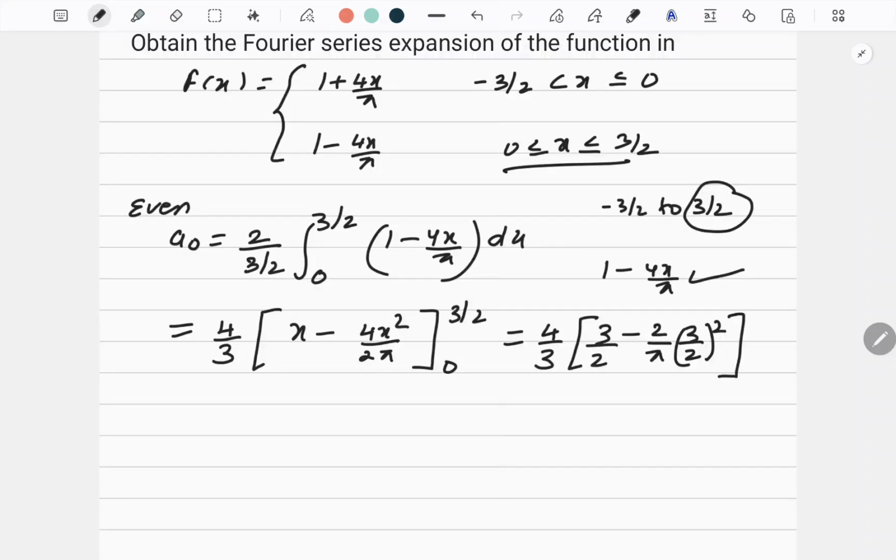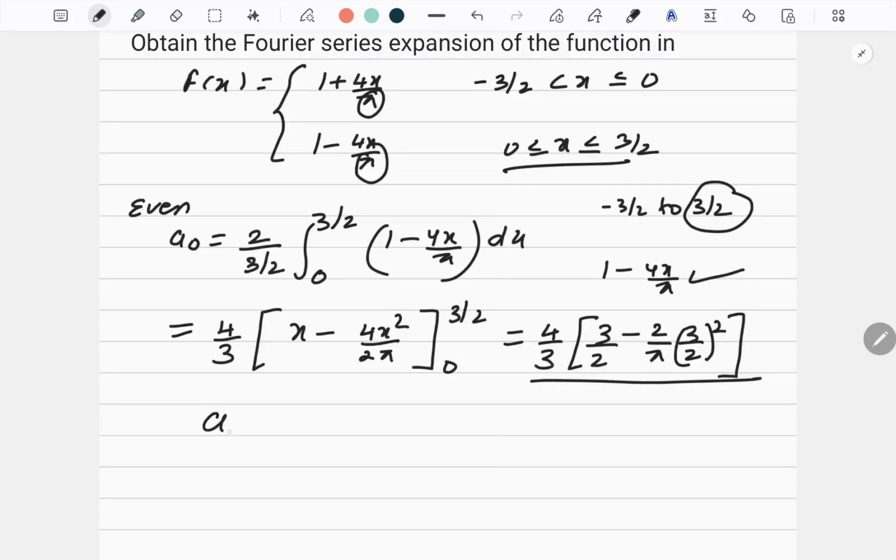Actually students, in your question bank there is a mistake in this question. It has to be 3 here, otherwise you will get such weird answers. If it is 3, easily you will get your a0 is equal to 0. So change this question to 4x by 3, and 4x by 3 also here.